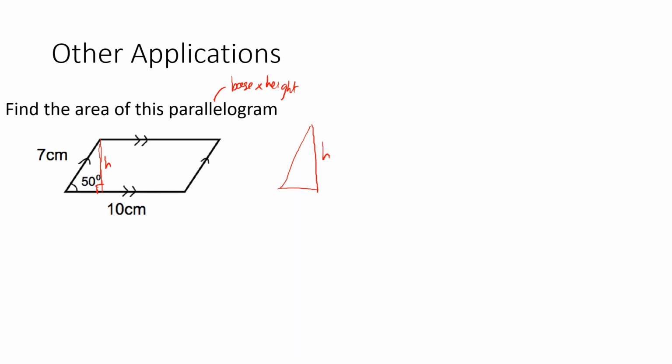We've got a height here, we've got 7 here, we've got 50 here, and we need to go through the same process as always. Label our sides. There's our hypotenuse. This one's our opposite this time. So we're going to be using SO, sin theta, opposite over hypotenuse. And we need to find the opposite, so we're going to be doing sin theta times the hypotenuse.